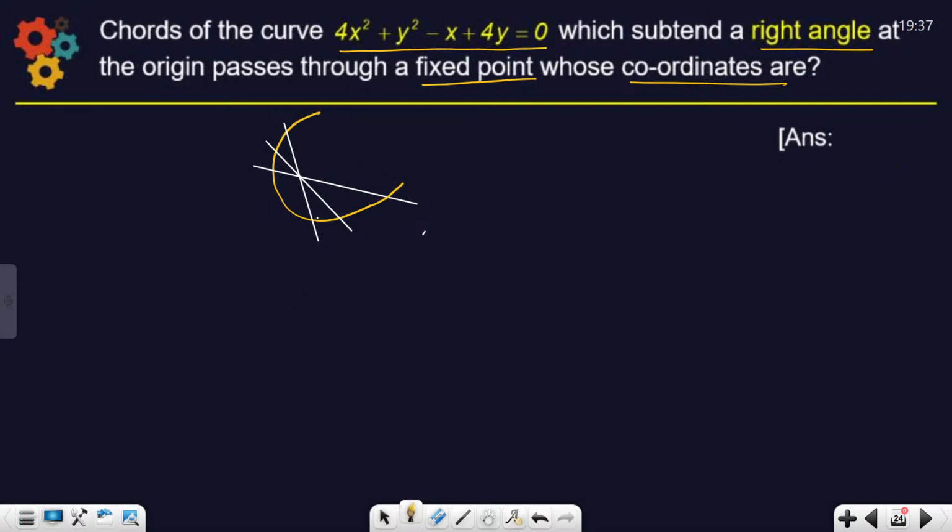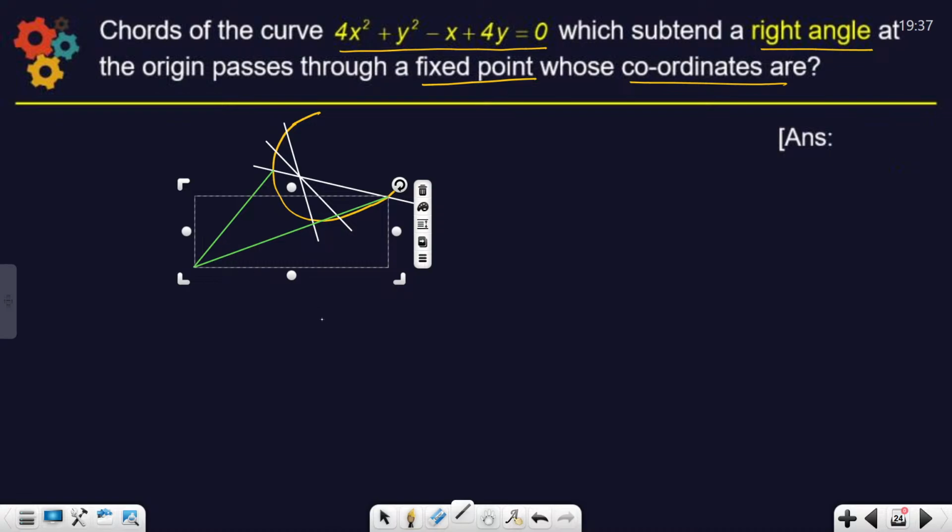They're all passing through a fixed point, and every chord is making an angle of 90 degrees at the origin. That is, if I draw these two lines, though this angle is not 90 degrees according to our figure, but it's okay. We can understand it. This angle will be 90.